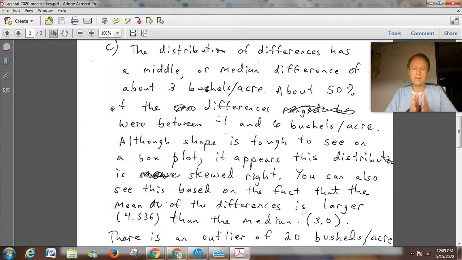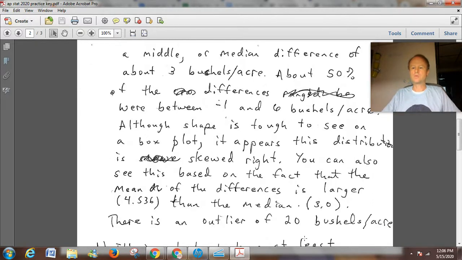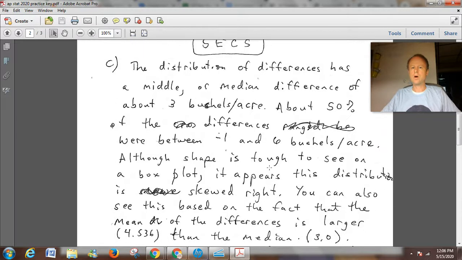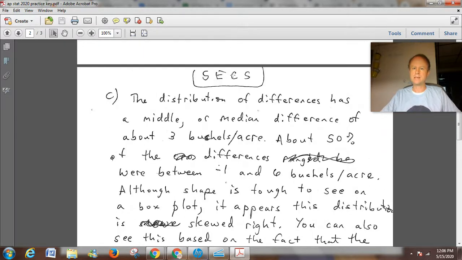So if I have a mean that is larger than my median, that indicates it's skewed to the right. If the mean is less than the median, it indicates skewed to the left. So I compared those on that summary chart. And then finally, I said there's an outlier of 20 bushels per acre. So I've hit on all the things up here, S, E, C, S.